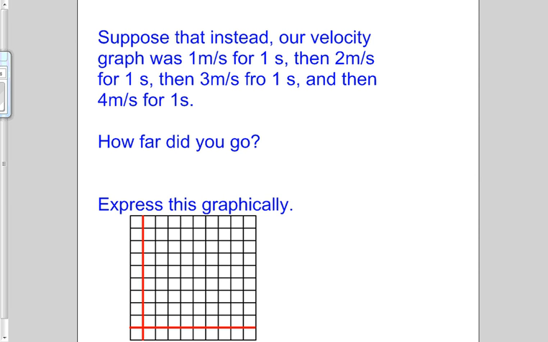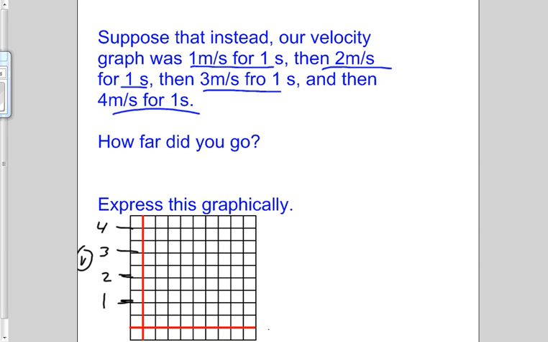So now let's extrapolate this a little bit. Say our velocity graph was 1 meter per second for 1 second, then 2 meters per second for 1 second, then 3 meters per second, and then 4 meters per second. So each second I'm going faster and faster. To show this graphically, let's say this is 1, 2, 3, and 4, and this is our velocity.